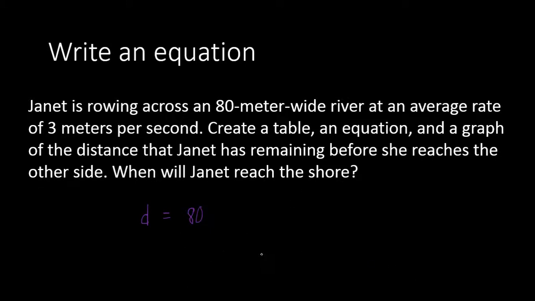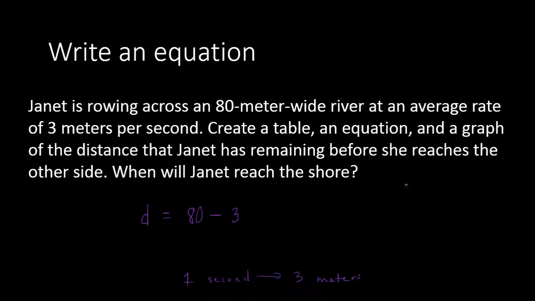So how can time affect the distance to the shore? Well, I know that I grow 3 meters closer per second. So for every 1 second that elapses, I get 3 meters closer. So if you remember, what we did was we subtracted 3 for the first second to get 77, right?